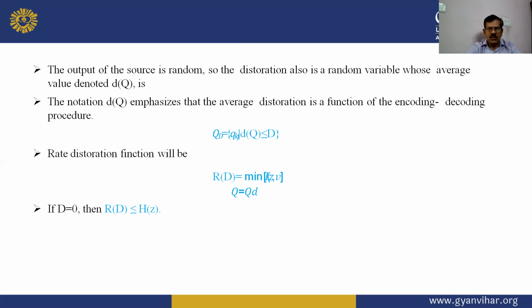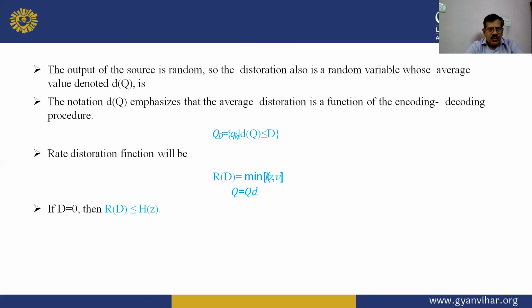So Q_D is the set of Q such that d(Q) is less than or equal to D, and the rate distortion function is R(D) equal to the minimum of I(Z,V) over Q in Q_D.